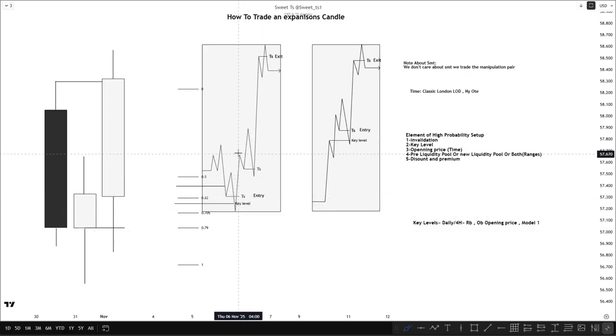Then we have the expansion. Then we have an engineered liquidity, and we have the OTE. So the OTE is actually a Georgia soup, and we have the second expansion. So drop below the open, liquidity engineered, taken, expansion. Then we have the OTE, another expansion. So expansion, Georgia soup, expansion, retracement, or OTE, expansion.